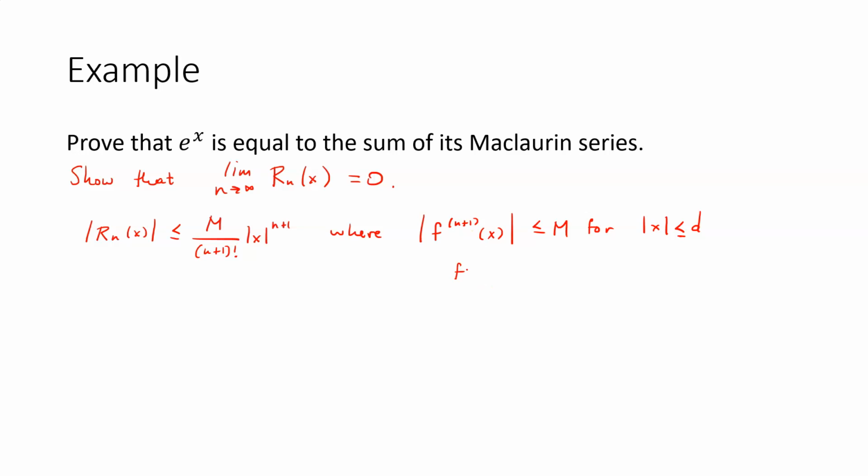So we want to find M such that the n plus 1th derivative at x, which is e to the x, is less than or equal to M for all x less than or equal to d in absolute value. And we know that, okay, well, the biggest e to the x will be at the biggest value of x, because it's an increasing function. So we know e to the x will be less than or equal to e to the d for these x.